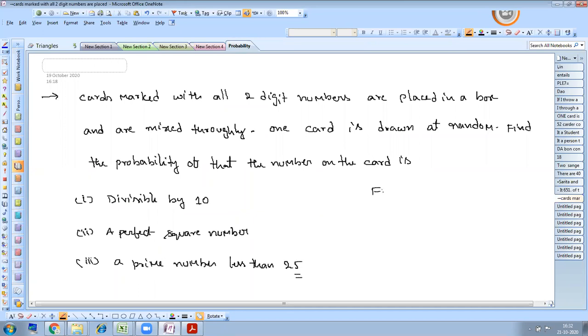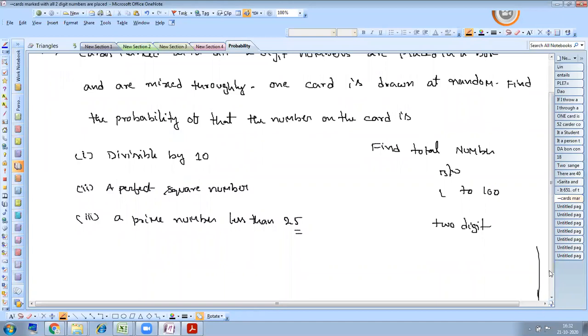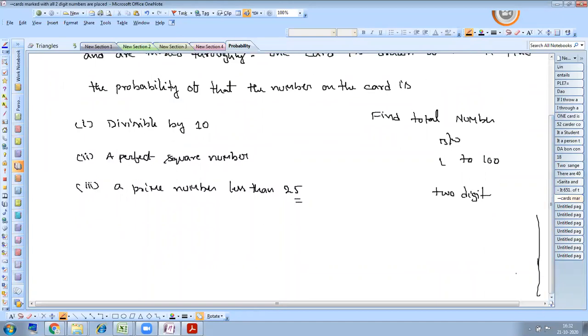First find the total numbers between 1 to 100. How many are 2 digits? Sandhya? How many are 2-digit numbers between 1 to 100? 90.